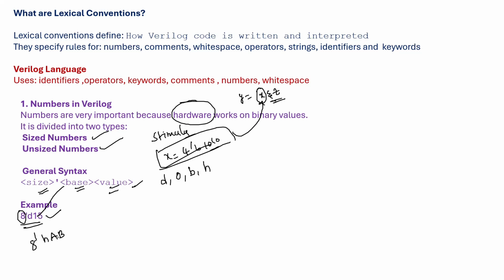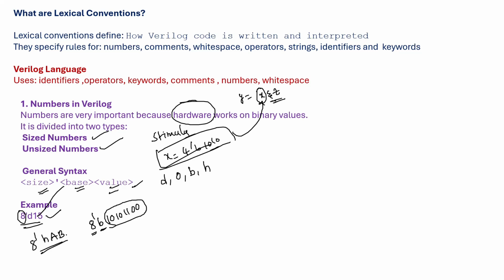Some AB I'm representing, or 8 tick some binary value I want to represent. 8 is the size of your number. B is nothing but the base of your number, and then whatever number you want to represent. Suppose 8 tick I'm using 10101100. So then 8 bits are there. That is the representation. How is this hexadecimal number an 8-bit number?